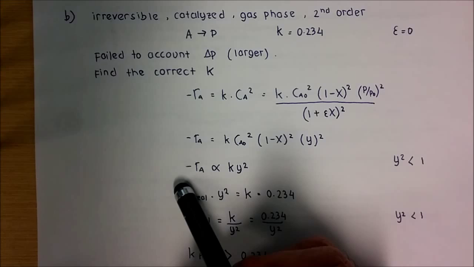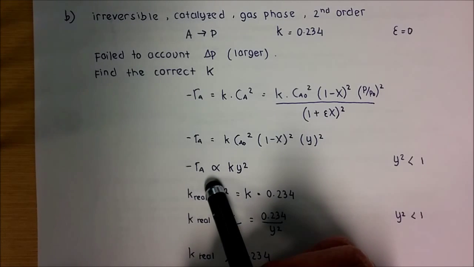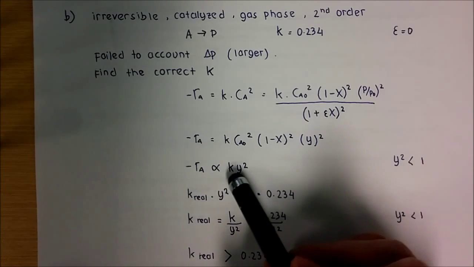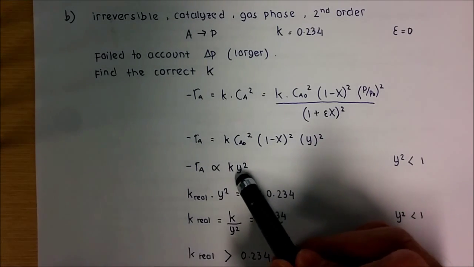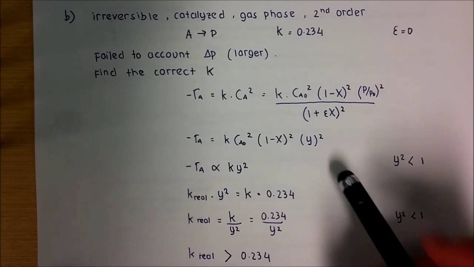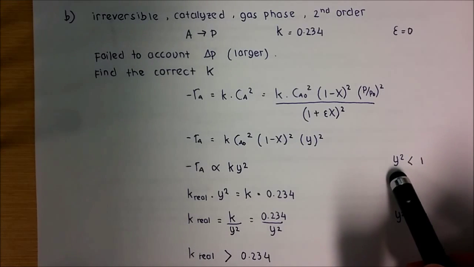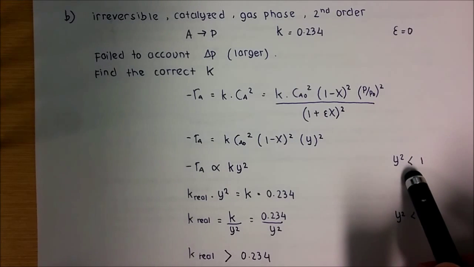So we know that the rate law is proportional to k multiplied by y squared. And we know that since there is pressure drop, y squared is going to be less than 1.